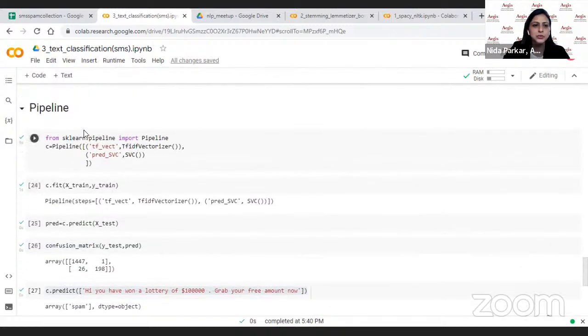Just to take you through, I've used a pipeline over here, wherein the first step is to convert it to vectors. TF-IDF allows it to convert to vectors, that is, some numerical value of your words, because the SVC model, that is a classification model that we are using, doesn't take any textual data.